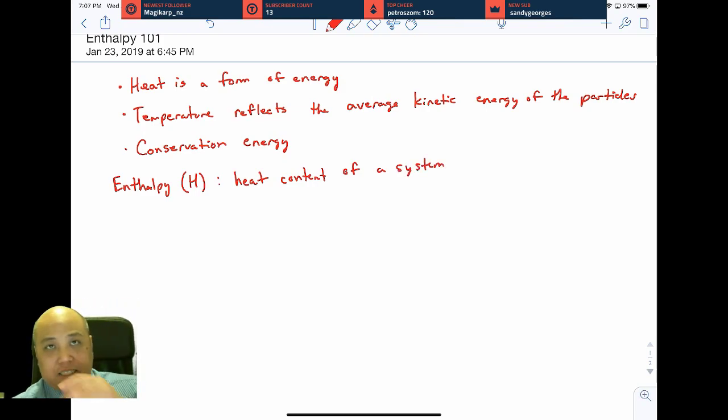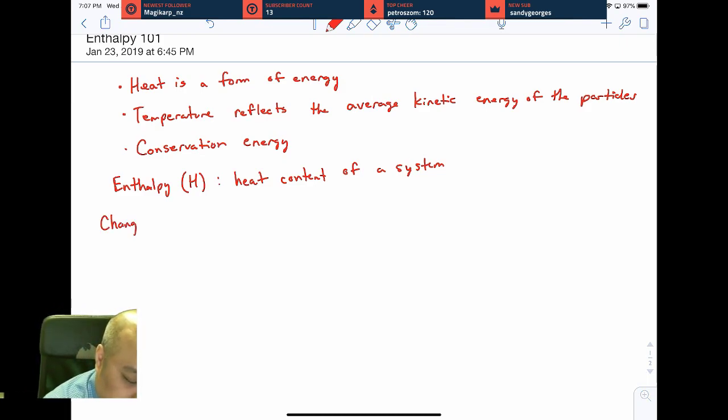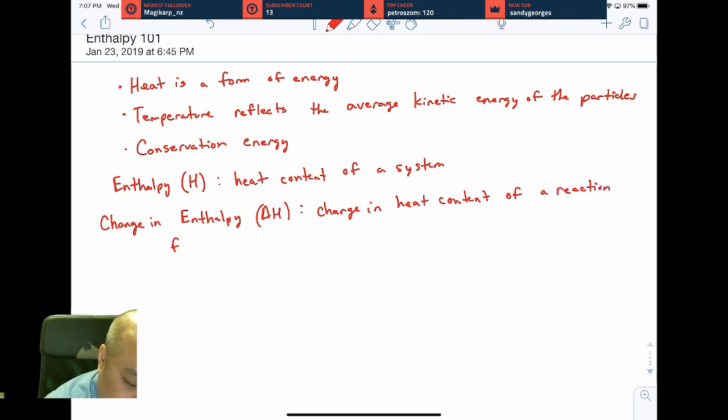Now, the heat content in itself is not really useful, but when we look at the change in enthalpy, we look at delta H, which is the change in heat content of a reaction from reactants to products.